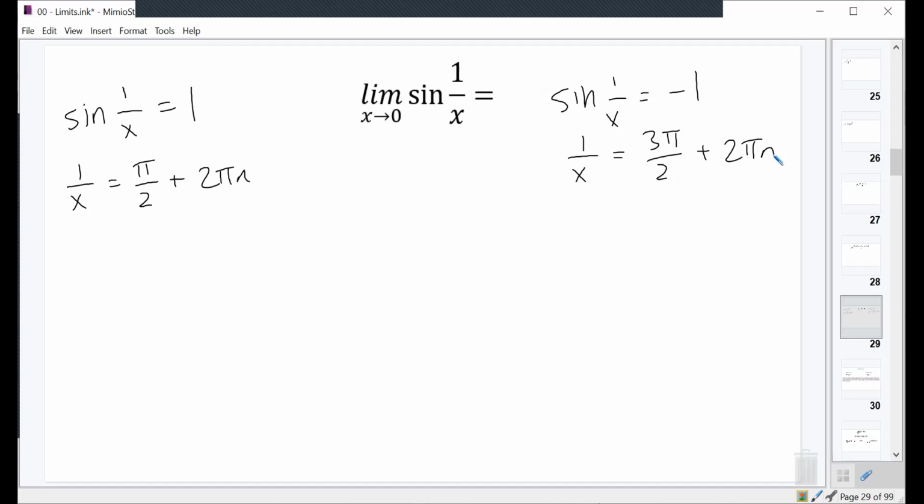So now we know all of the times where our function equals 1 and where it equals -1. And we're going to put the constraint in here that n is any integer.